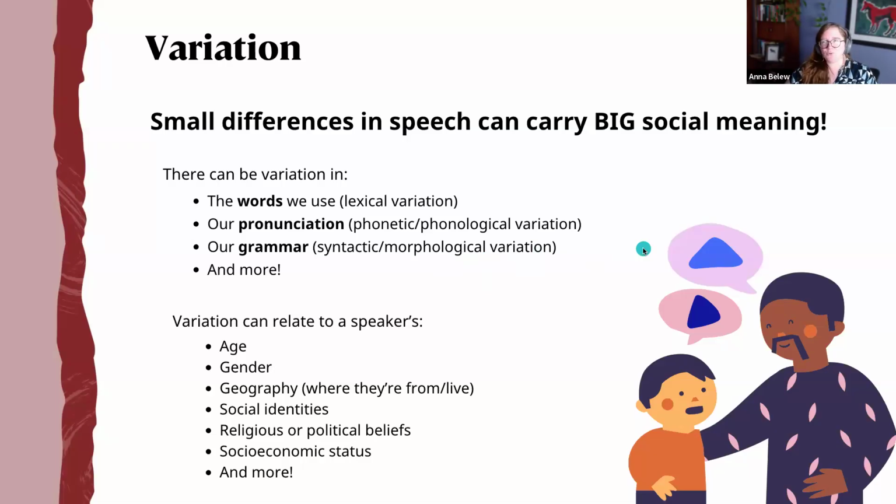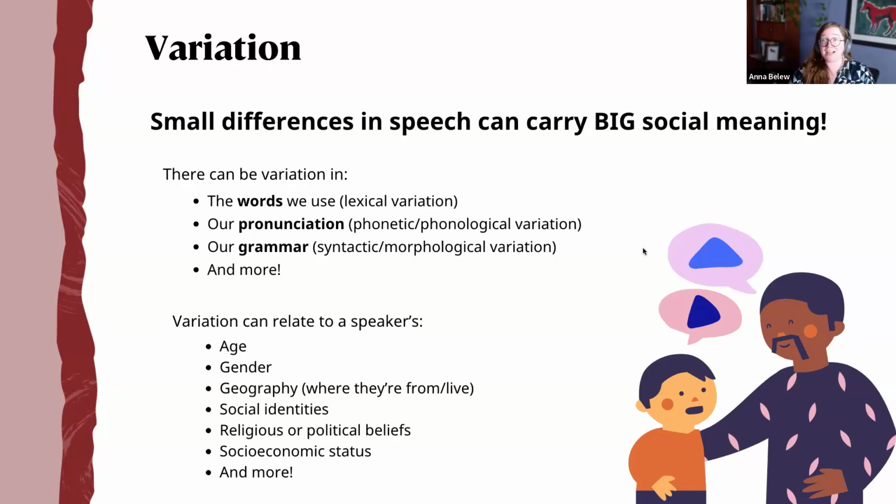And so when we're talking about people who talk a little bit differently, whether with words or sounds or grammar, this can relate to all kinds of things about that person. It can be their age, their gender, where they're from, where they live, their social identities, right? There's some really interesting sociolinguistic studies that show very small differences in social identities affect how you talk.